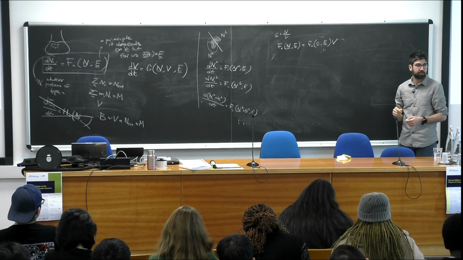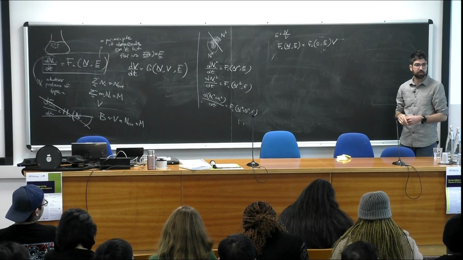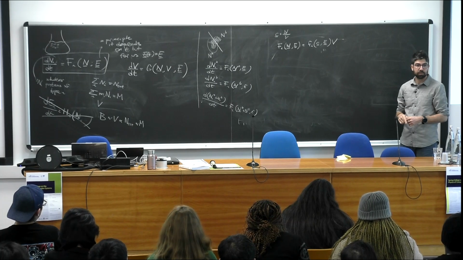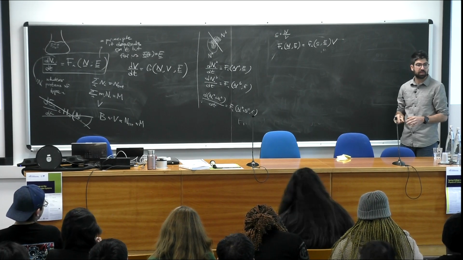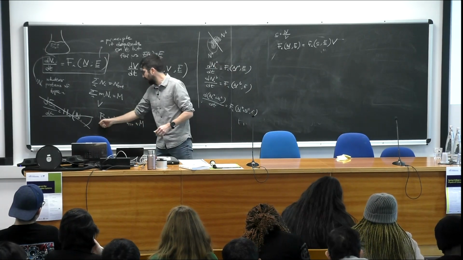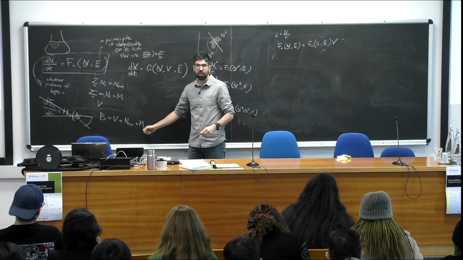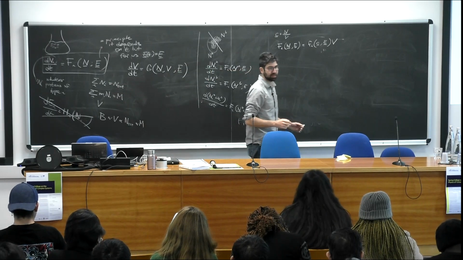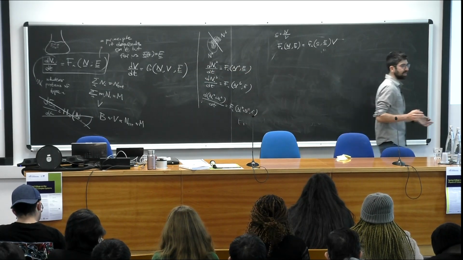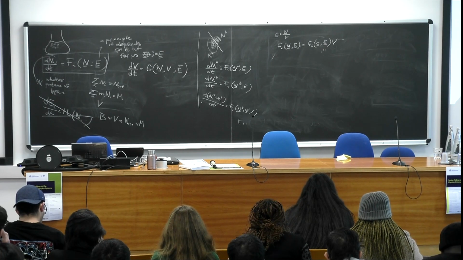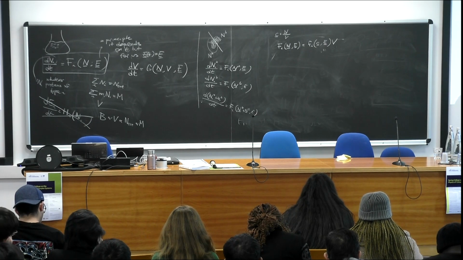Okay? Yes? What you meant here is that N is an extensive parameter. Yes, exactly. V, N total, and each N_i are extensive parameters, right? So I can express the change of these extensive parameters as something extensive.